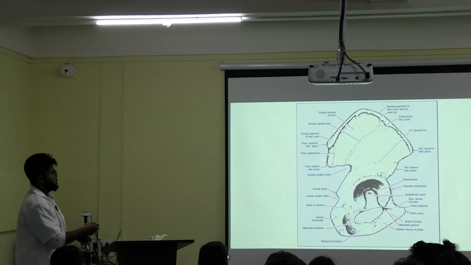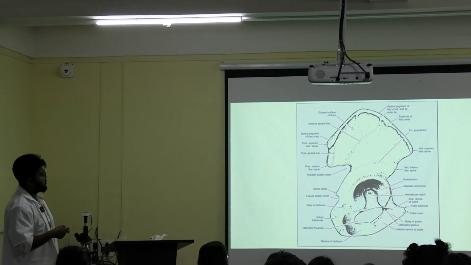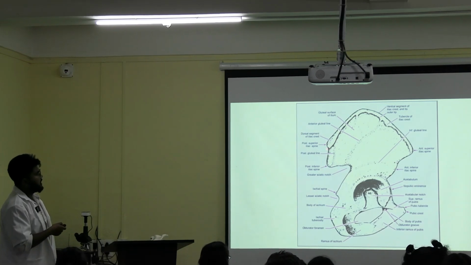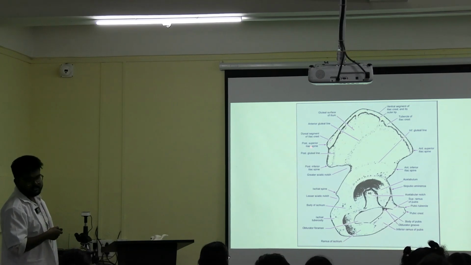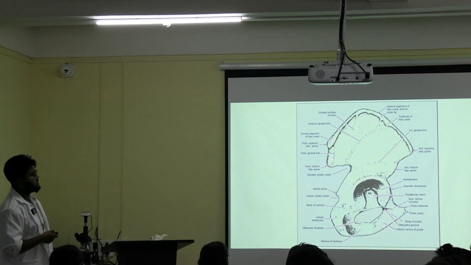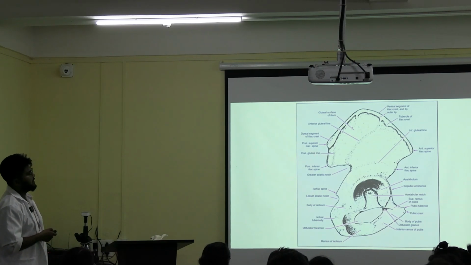So you can see here, all these lines radiate from this greater sciatic notch. The posterior gluteal line is present from the dorsal segment of the iliac crest to the greater sciatic notch. So this is the posterior gluteal line.